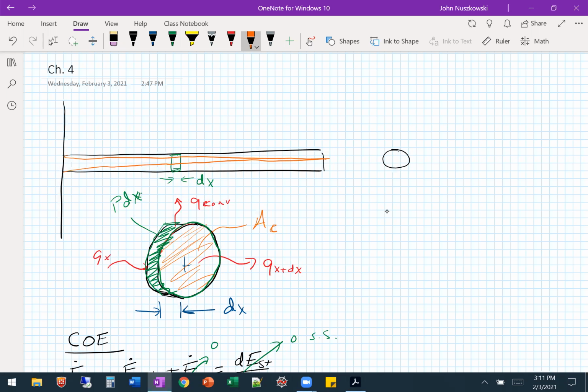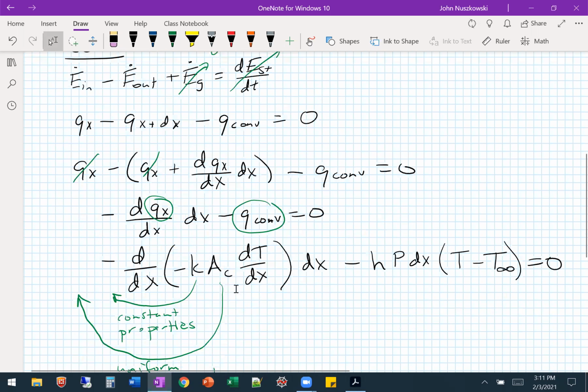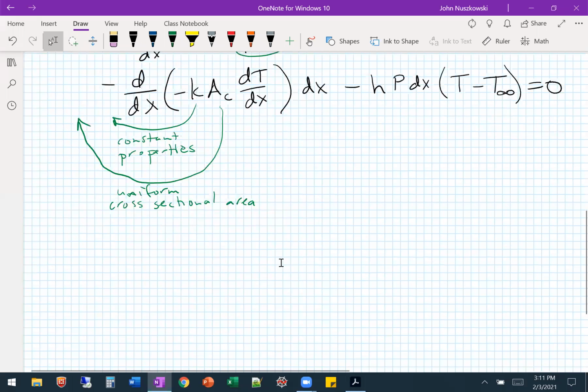That Ac would be changing as you move along the x direction, where x equals 0 right here, and this is at some length L. So you would have to leave Ac in there, as a function of x, right? That makes it a little more challenging. But for derivation purposes, we'll assume uniform cross-sectional area. So that'll pull that one out, okay?